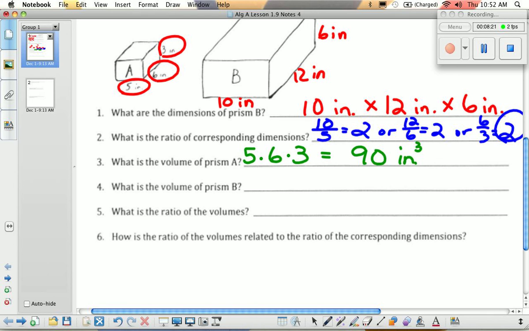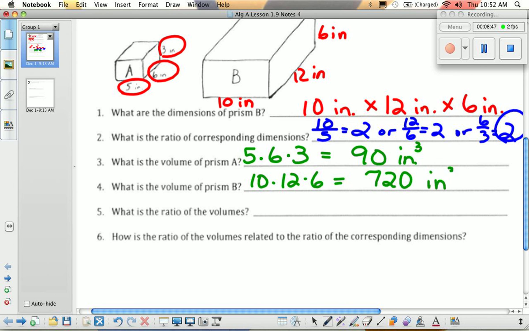Okay, what's the volume of prism B then? How are we going to get it? Calculator. Okay, well first we're going to show what we're going to put into our calculator. 10 times 12 times 6. 720. And the label on that would be? Inches cubed.